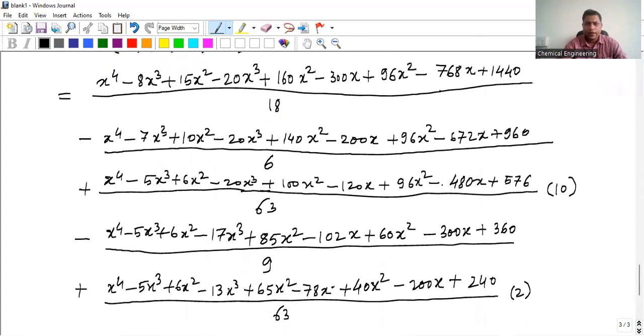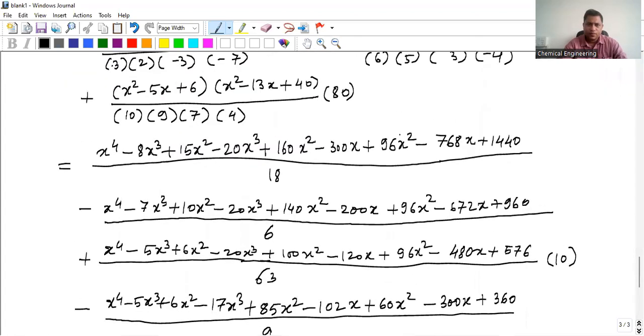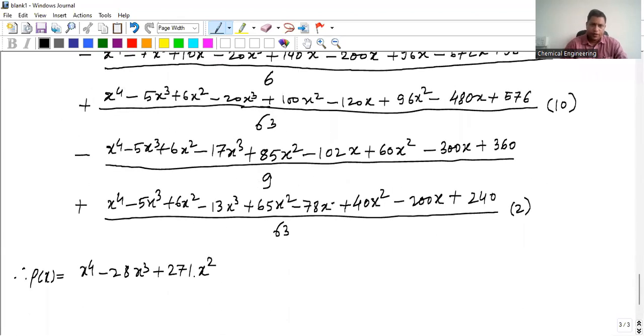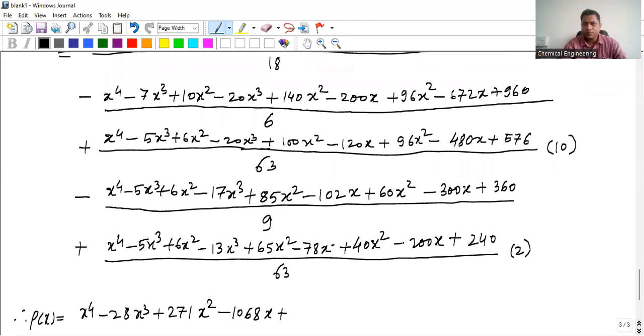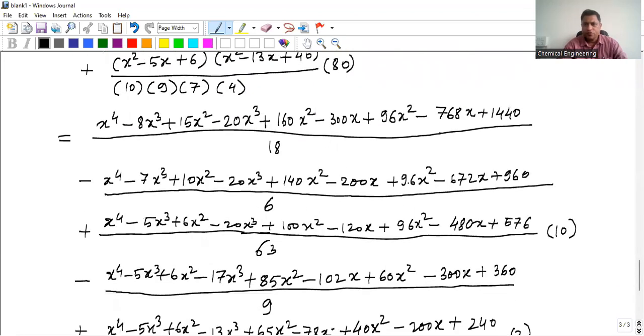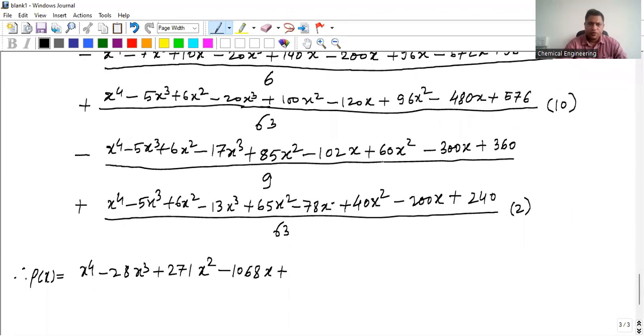What about x? 1068. So this will be minus 1068x. What about the constant term? It is 1440, right? 1440. And all this is divided by 8.